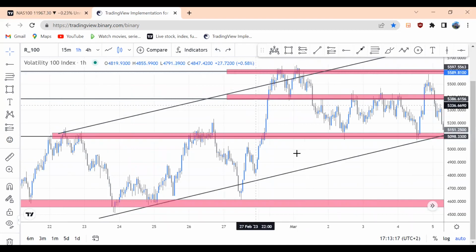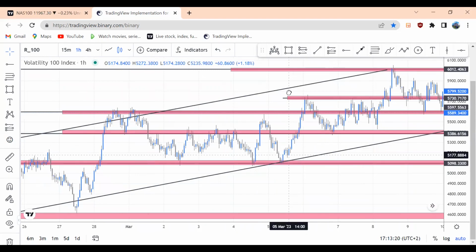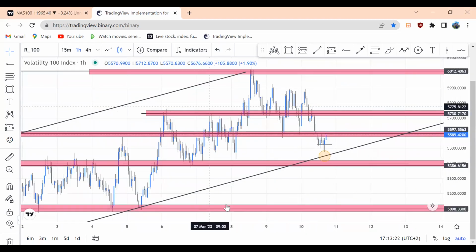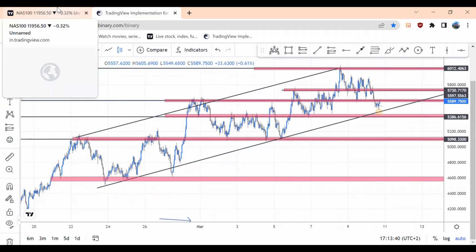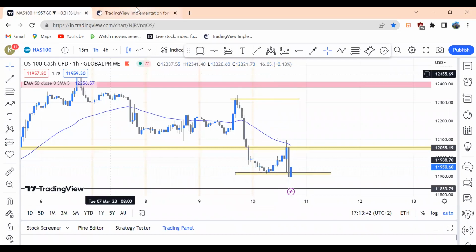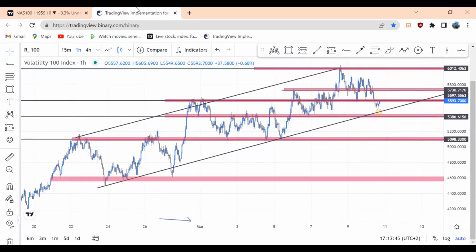Okay, coming to where we were, I want you to pay close attention to what the market is currently doing. As you can see, we have many levels here, many supports and resistances. This is Nasdaq, so let's go back to VIX100.